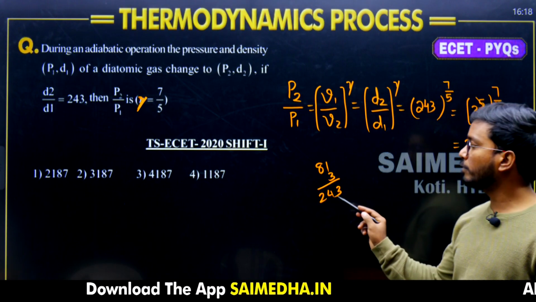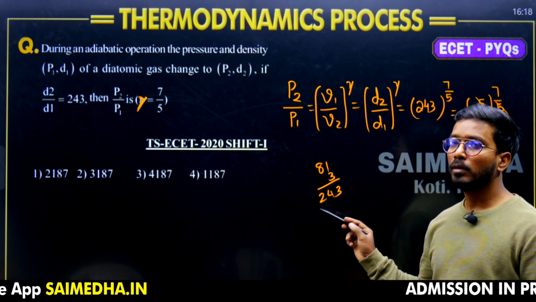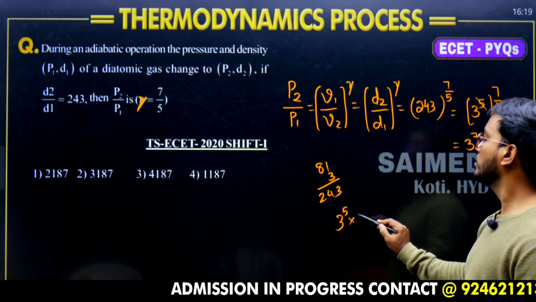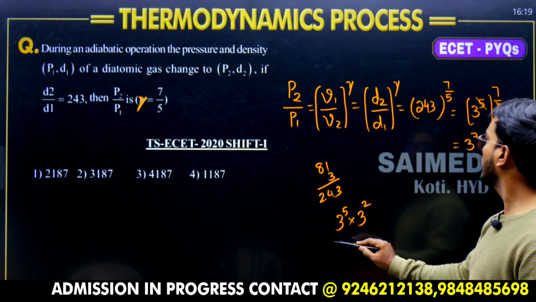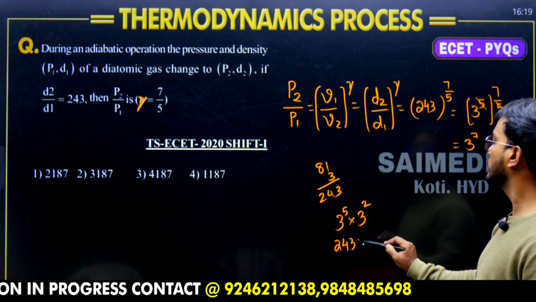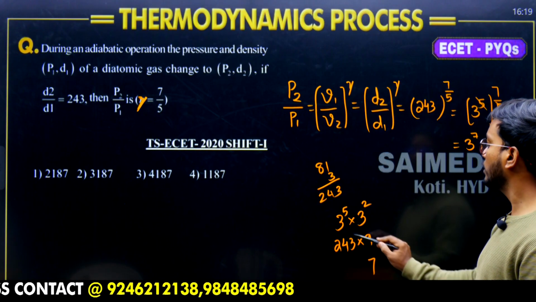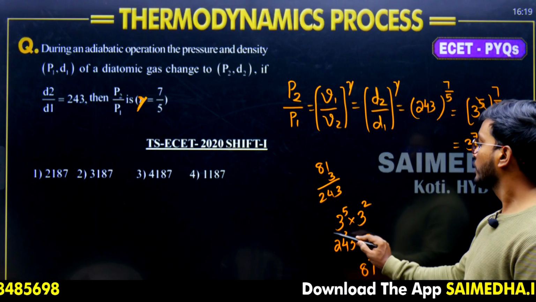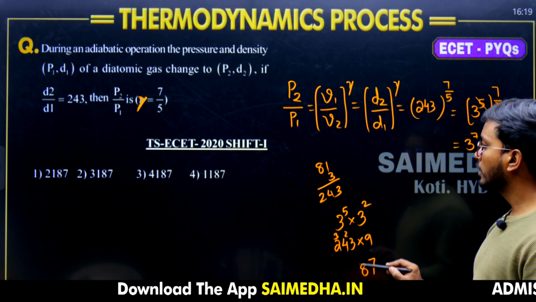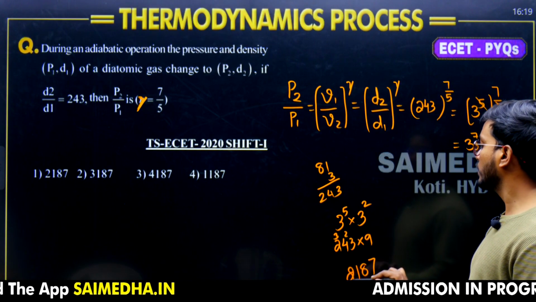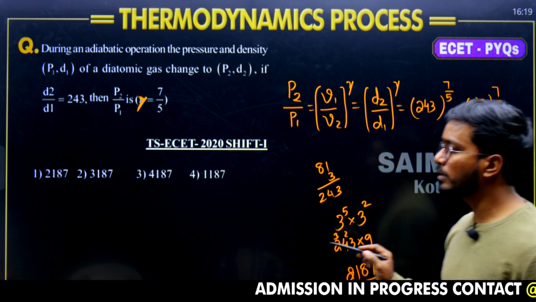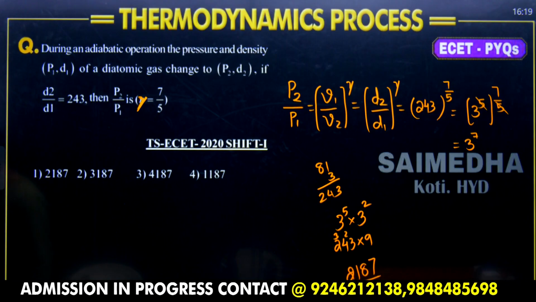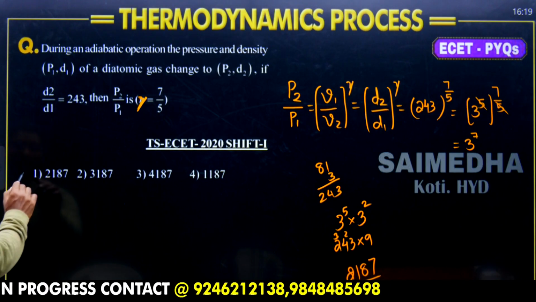That is 3 to the power of 5 into 3 square. 3 power 5 is 243, 3 square is 9, and 243 times 9 gives 2187. So 2187 is going to become your final answer. Go through it once.